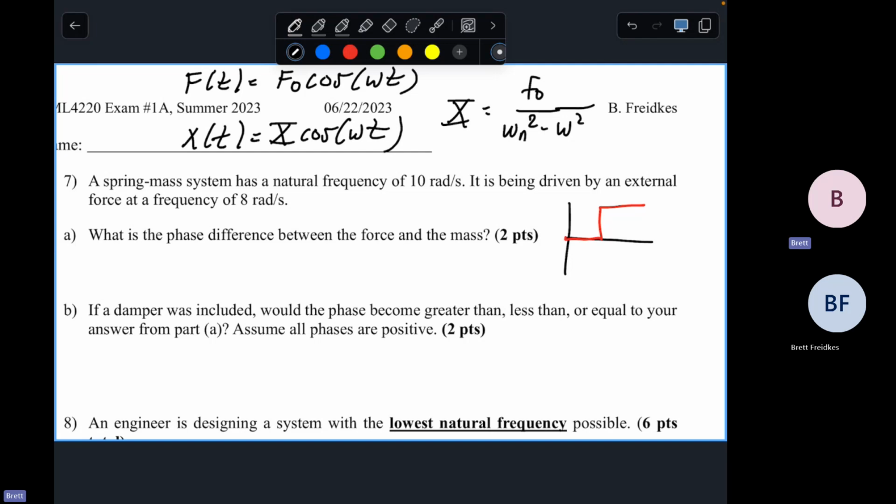The phase difference is 0. The answer to this is 0 degrees. If X were negative, meaning omega n is less than omega, then this would be negative cosine, which would be a 180 degree phase shift. So this is 0 degrees.